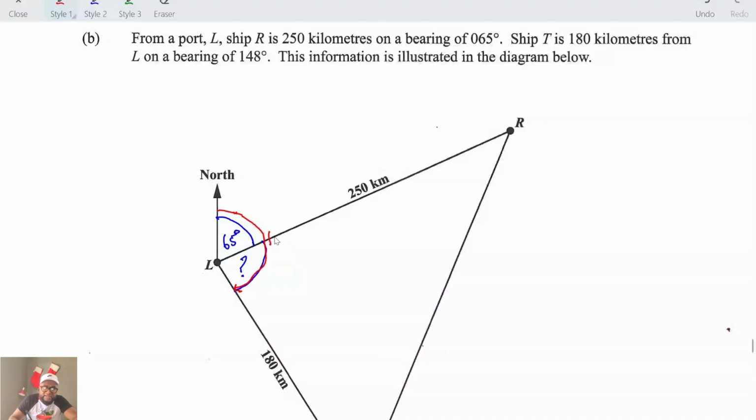This whole thing would be 148 degrees. So if this piece inside there is 65 and the whole thing is 148, what would be the angle we are looking for? What would be this piece here? 148 minus 65. Excellent.